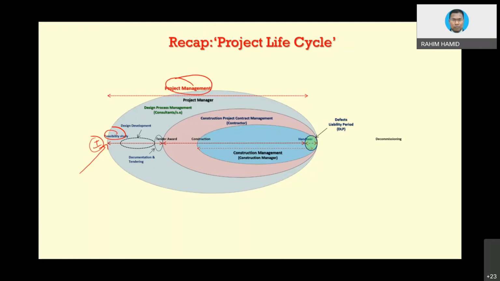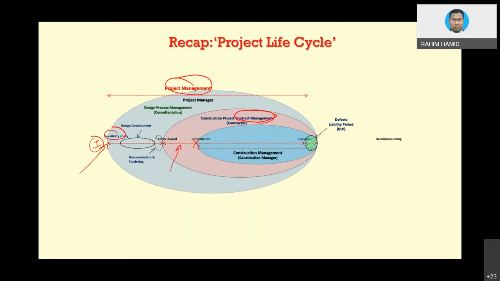When the construction begins, the contractor moves in. So we call this period pre-contract and then post-contract. Post-contract means within the construction management or site management time frame. So we call it contract management.